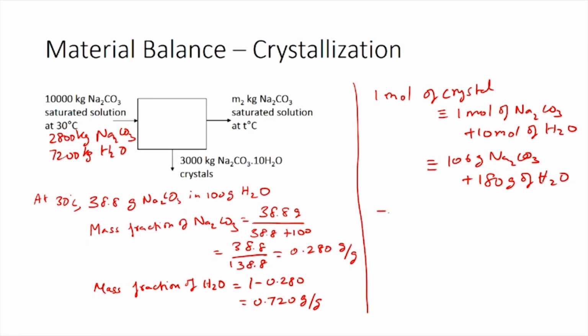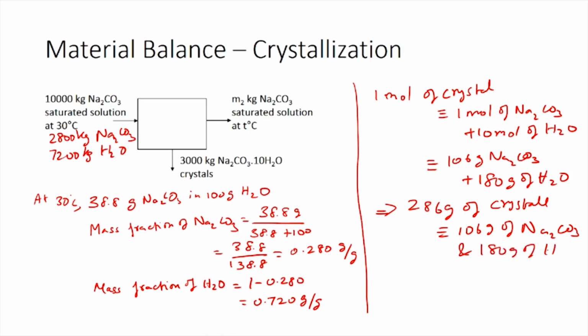So, this implies 286 grams of crystals will contain 106 grams of Na2CO3 and 180 grams of water.